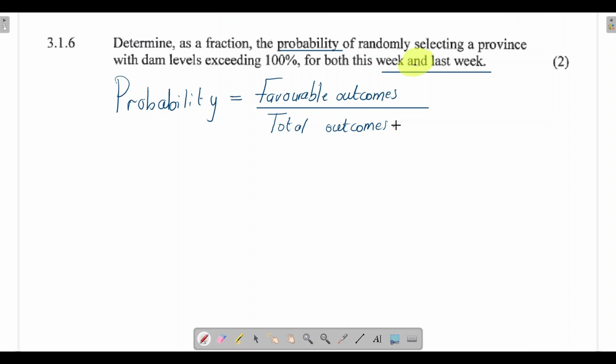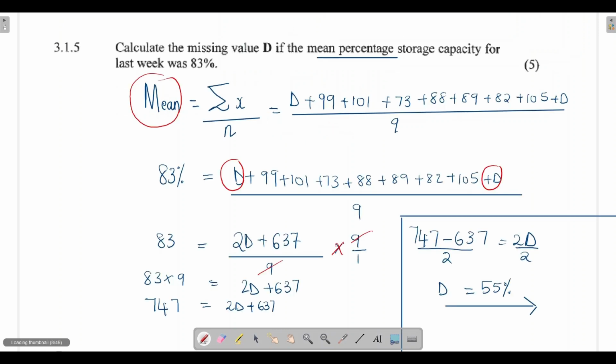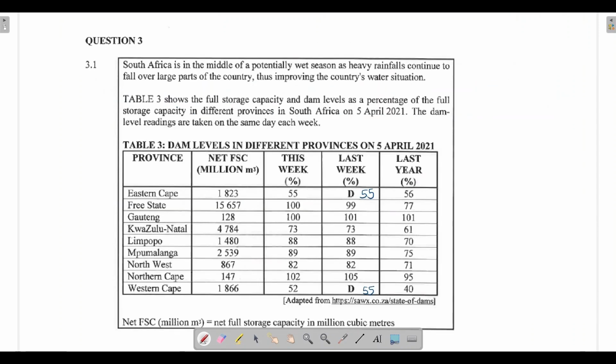We want to select a province with dam levels that exceed. What does exceed mean? That is goes over 100%. So dam levels that are more than 100% for both this week and last week. So we're going to go back to our table 3. We're going to focus on this week, and we're also going to focus on last week.